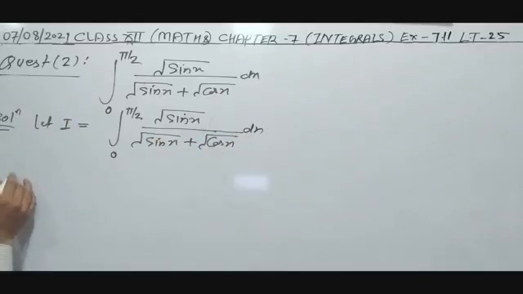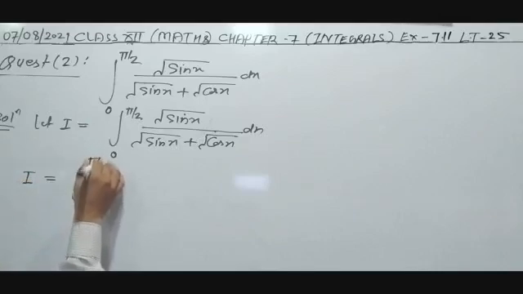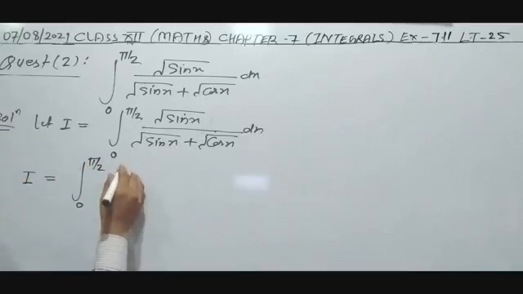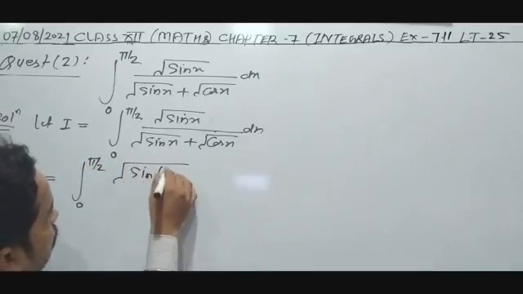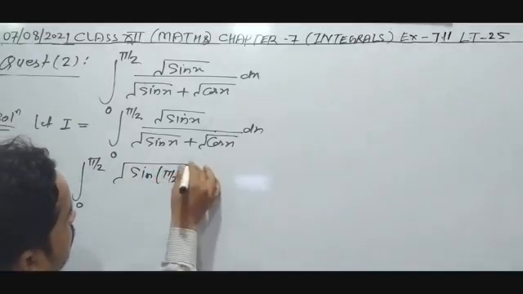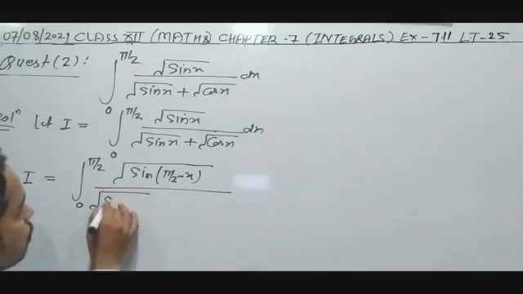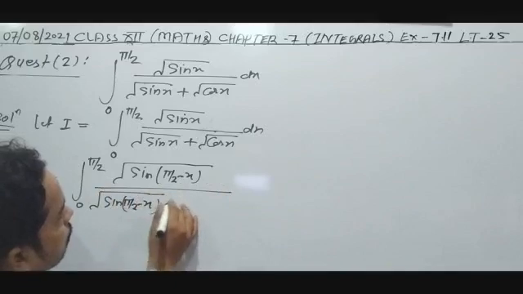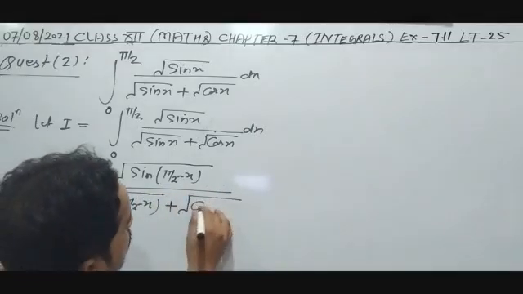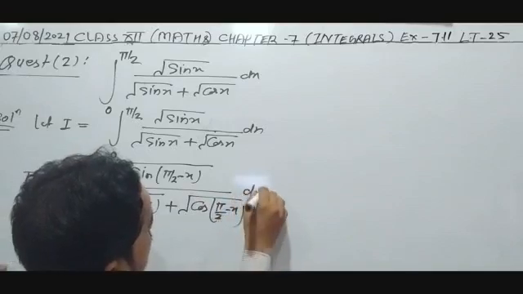So this integration we can write I is equal to integration over 0 to pi by 2 root over sin of pi by 2 minus x whole upon root over sin of pi by 2 minus x plus root over cos of pi by 2 minus x dx.